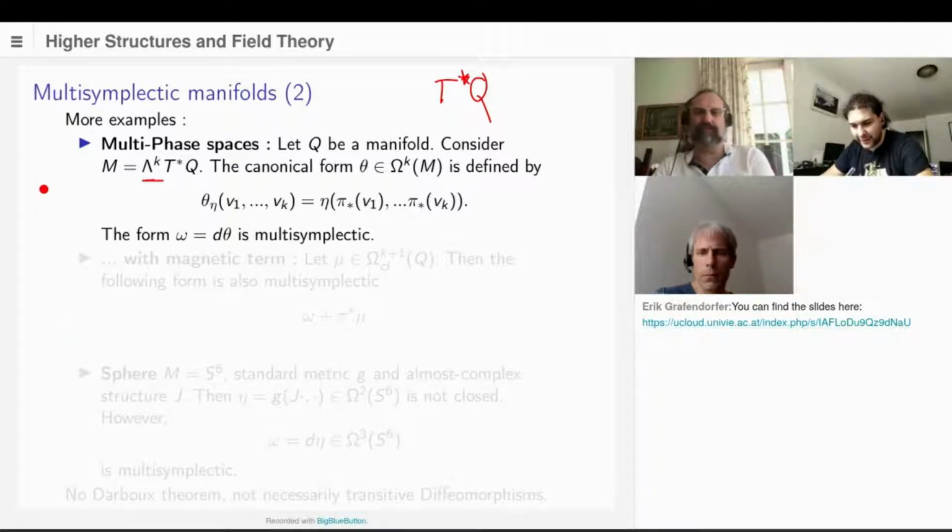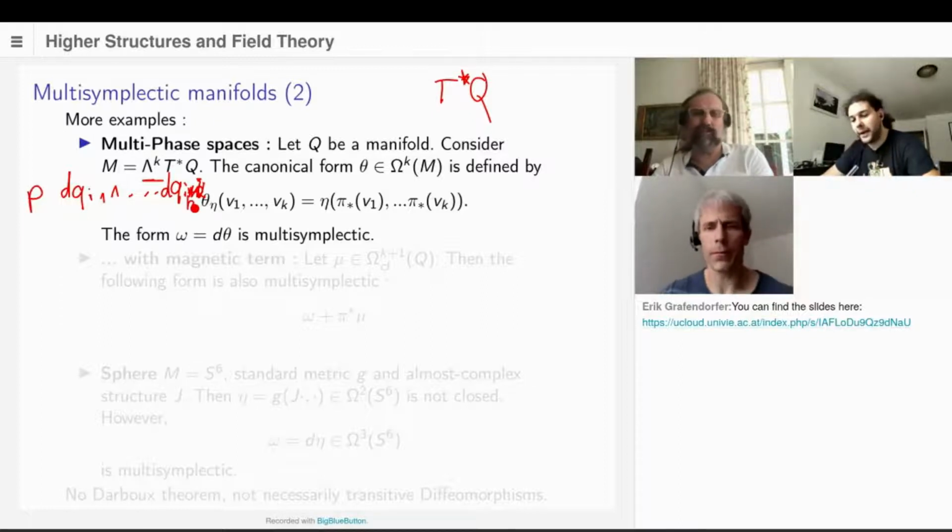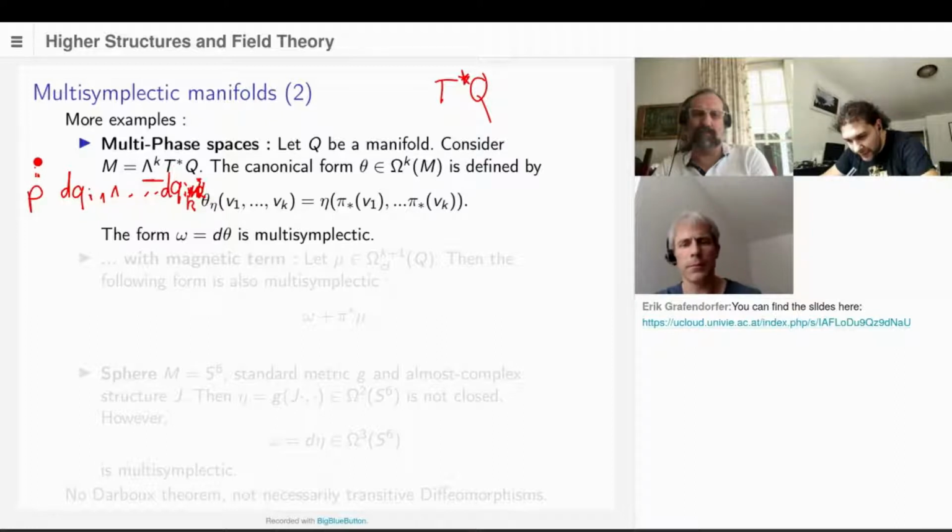A typical element in Lambda^k T*Q is given by some coefficient followed by some dq's with in total k dq's, so dq^{i_1} until dq^{i_k}. And obviously this multi-index i_1 to i_k belongs also to the coefficient P. And now we take the exterior differential and we get a k+1 form.